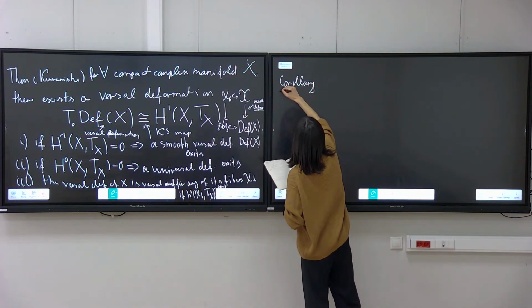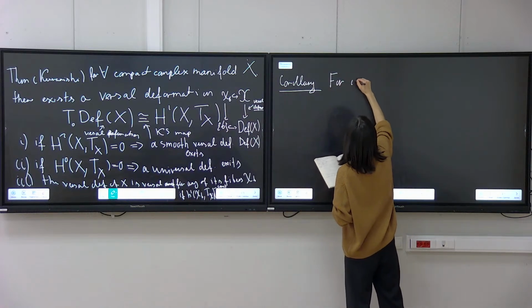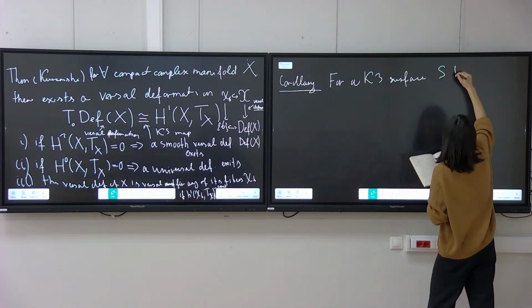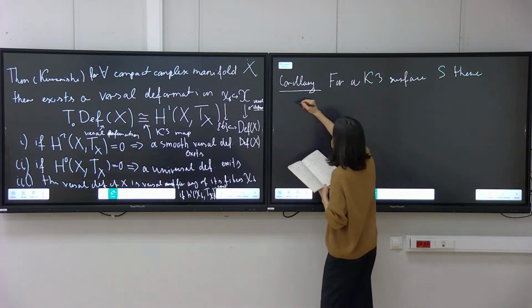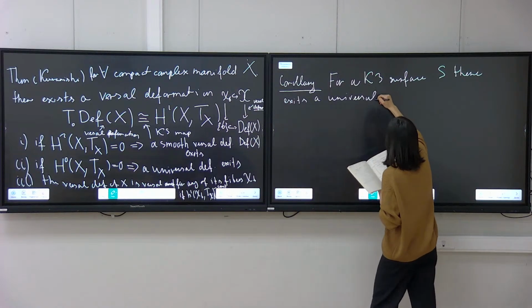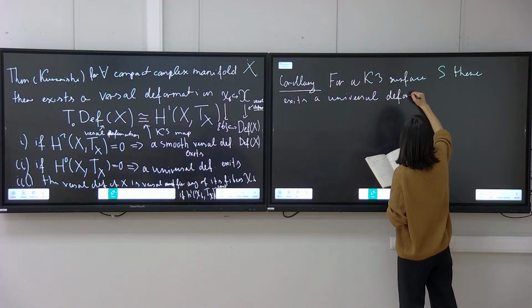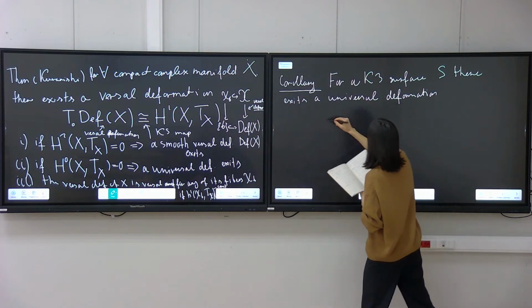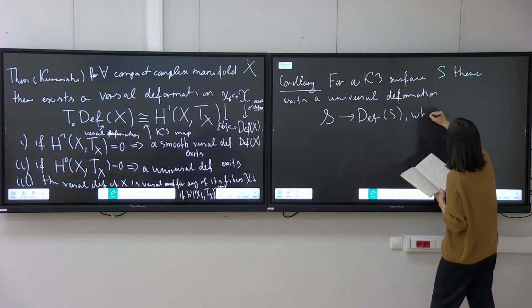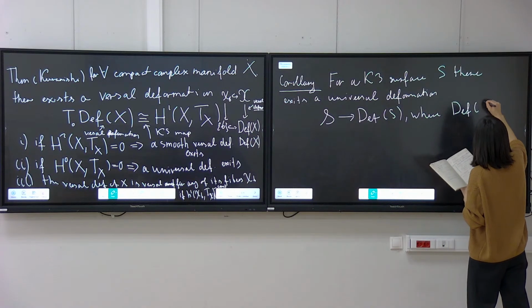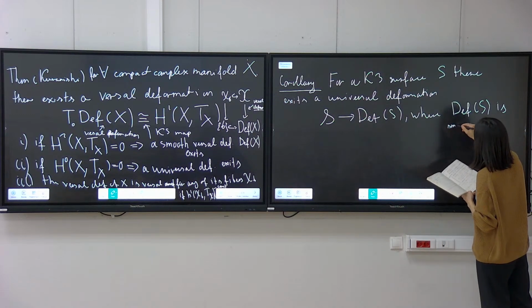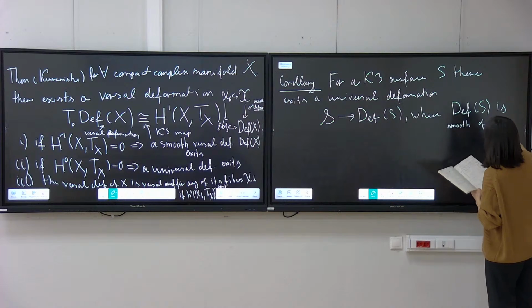Corollary: for a K3 surface S, there exists a universal deformation, where this universal deformation is smooth of dimension 20.